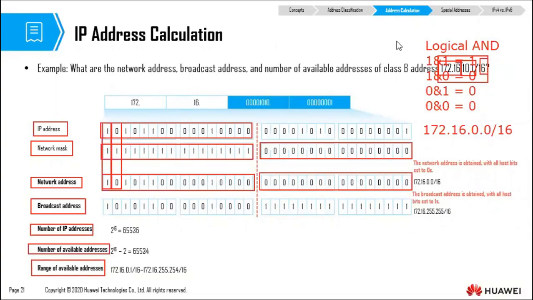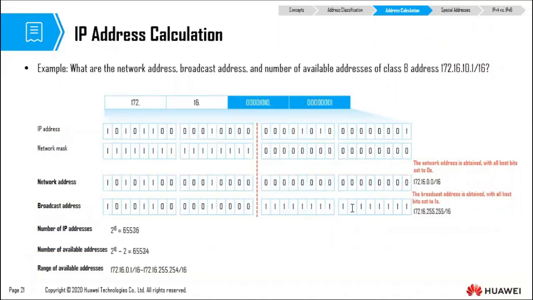Okay, allow me to clear this so that we can look at the broadcast. With the broadcast again, you see we have this boundary, right? This boundary simply separates the network part from the host part. So to get the broadcast, I don't know whether you guys can see this, but it says the broadcast address is obtained with all host bits set to 1.